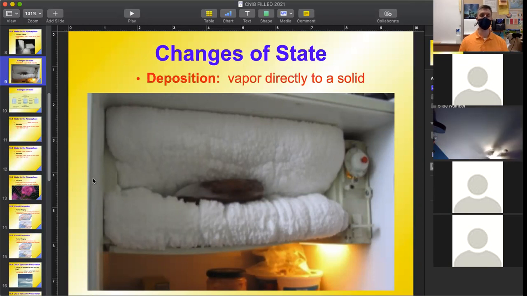It's a very cold surface, and water vapor that's in the air, when it comes into contact with that surface, goes directly from gas as water vapor into ice. It freezes as soon as it touches it. There's never that liquid state and then it freezes. So yeah, this is not a good thing. You need to take care of that.